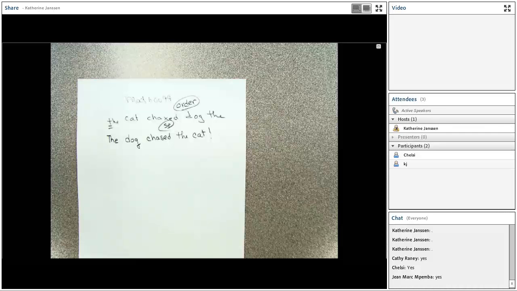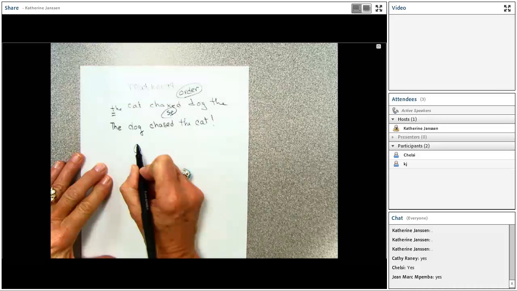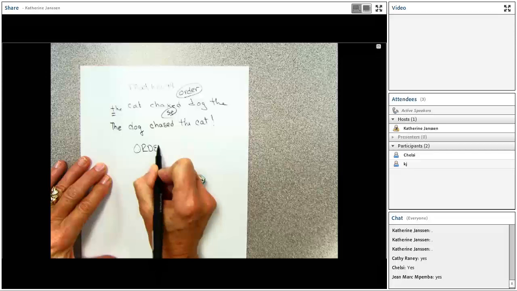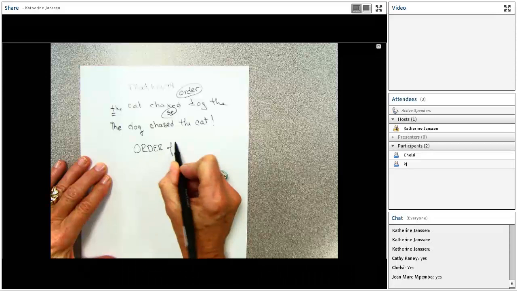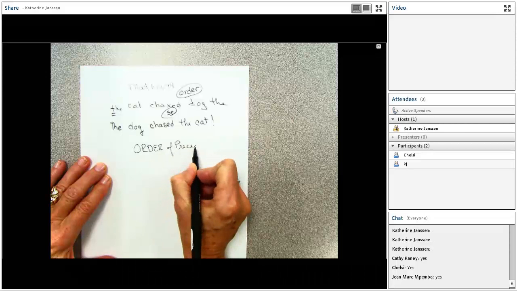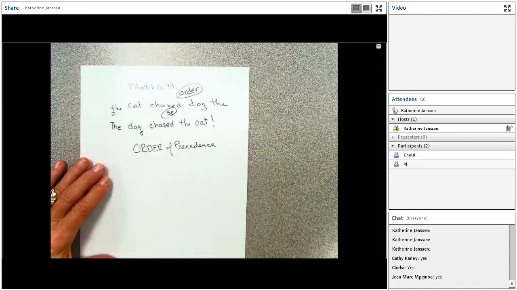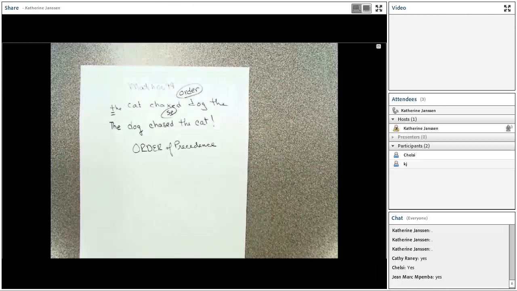Now we're going to be learning syntax rules and order rules for our mathematical expressions. We call that order of precedence. Now, precedence, you might think of it like this: the president is on the top level of our hierarchy chart, and then there's a vice president that reports to the president.